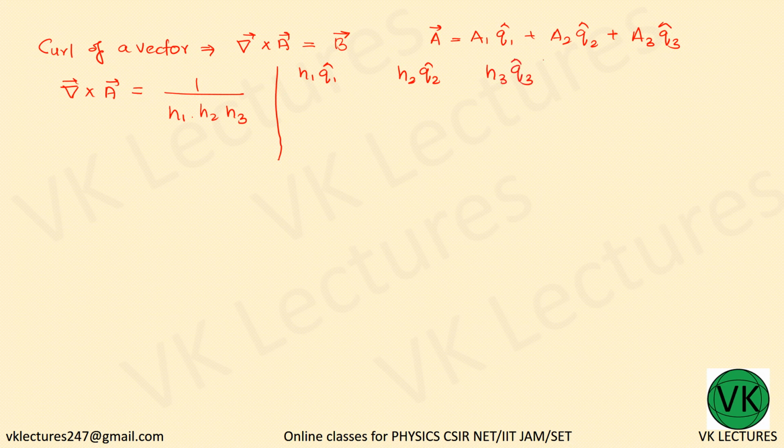Along with the unit vector, you must also mention its metric element. Then dou by dou Q1, dou by dou Q2, dou by dou Q3, of again H1 times A1, H2 times A2, H3 times A3.